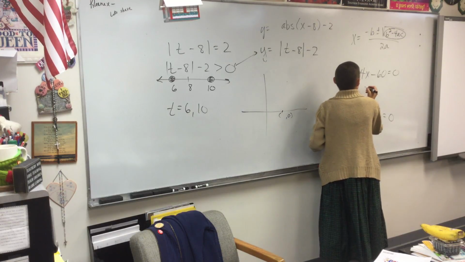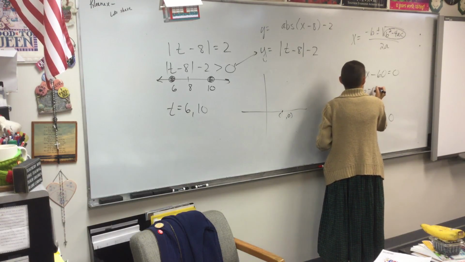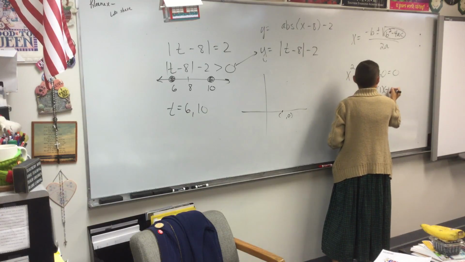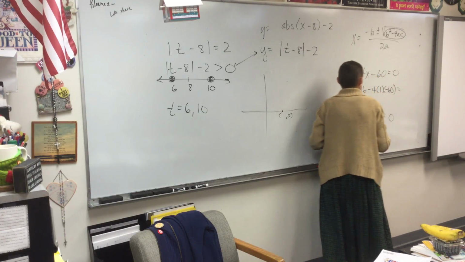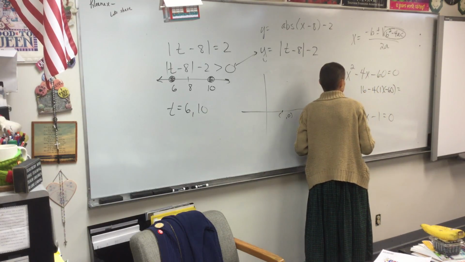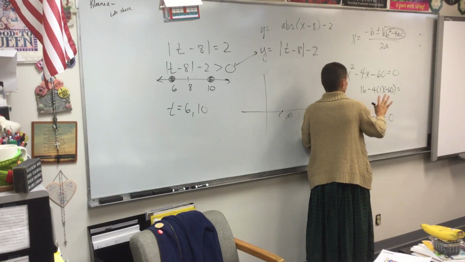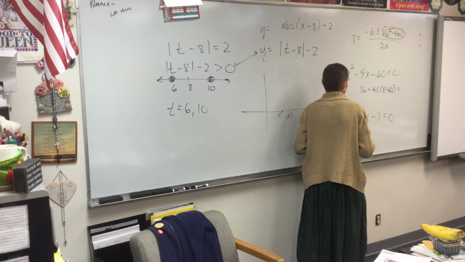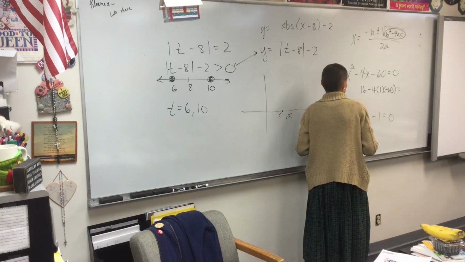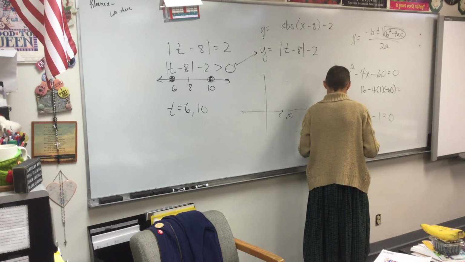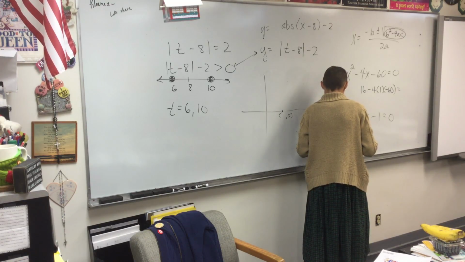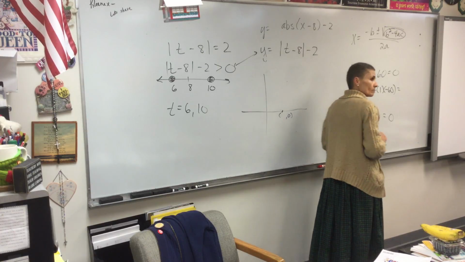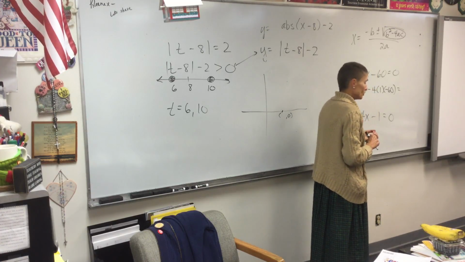Okay? Now, what's the discriminant of this guy right here? The discriminant would be b squared minus 4 times a times c. What is that value? I'm just doing the discriminant. I'm not doing the whole formula, just the discriminant. What is that? $256.